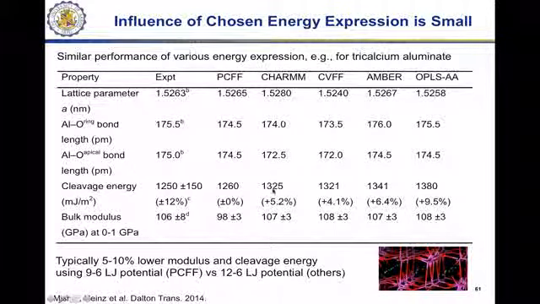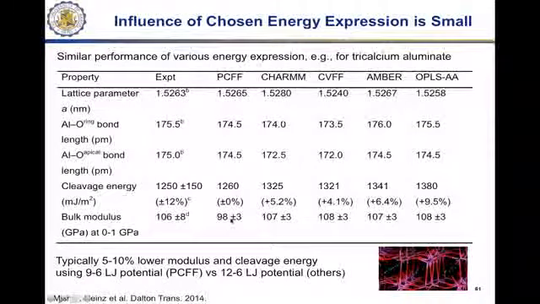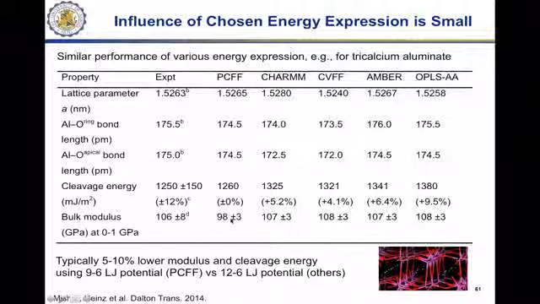The 12-6 potential usually is a little bit higher than the 9-6, but often that stays within the experimental error. And then there are similar trends for maybe the bulk modulus. It may be a little bit less with a thermodynamically consistent parameterization with 9-6 potentials, and a little bit more for 12-6, but then again, that's all within a 10% range of difference.